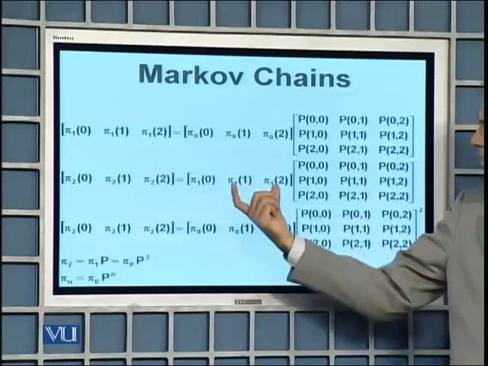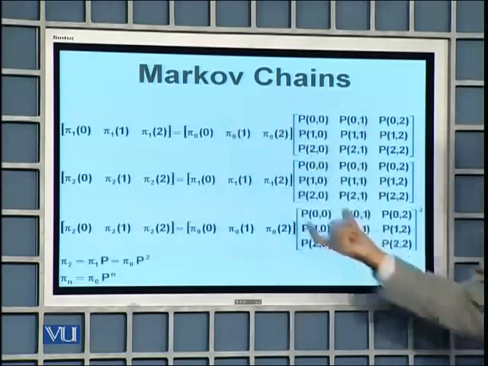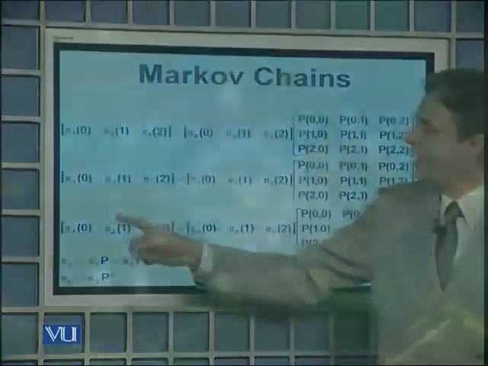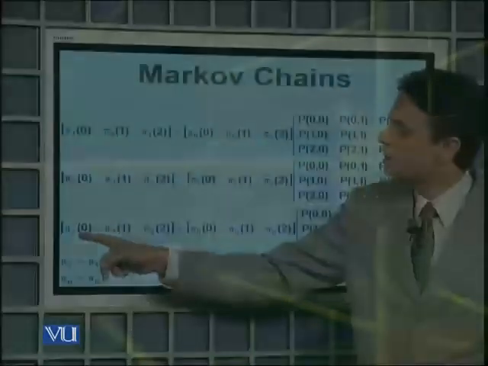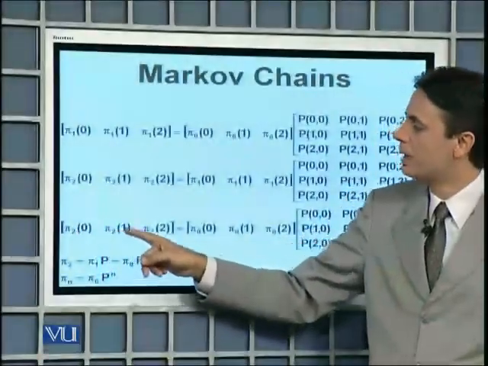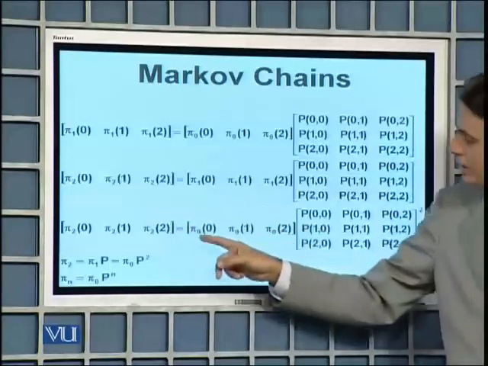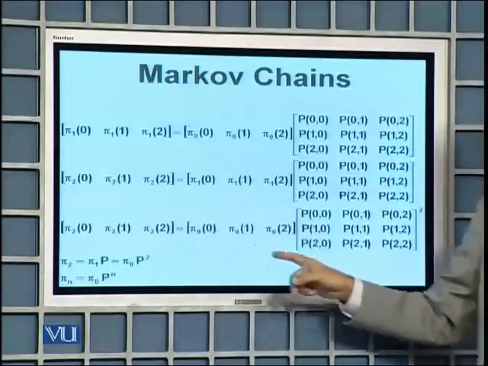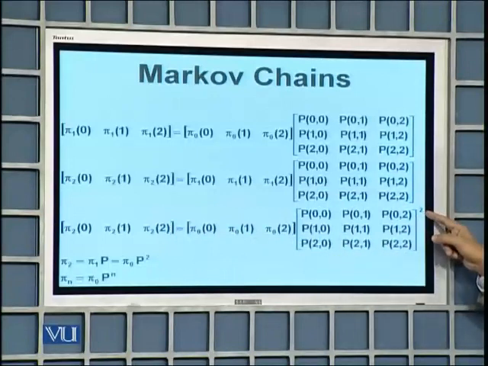But this vector is equal to this multiplication. If you replace this, you can see that the probability distribution of the second random variable being in different states, represented by pi 2 0, pi 2 1, pi 2 2, is equal to the initial probability distribution times this matrix whole raised to power 2.